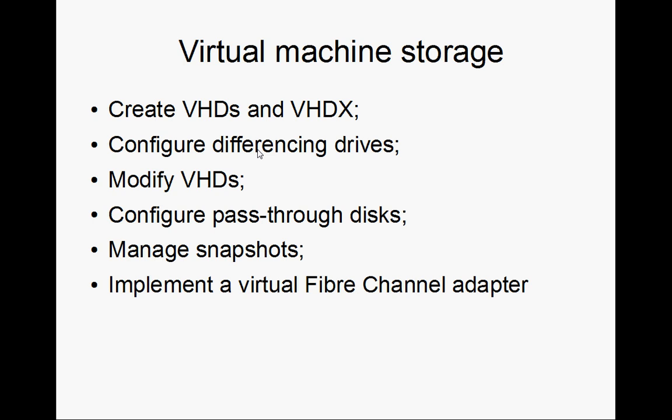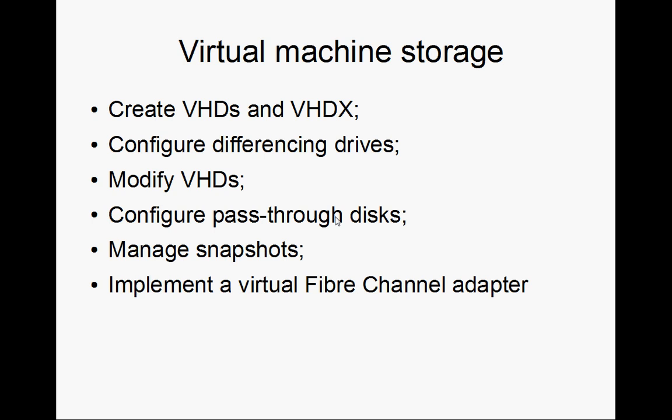Modifying virtual hard drives. Pass-through disks allow you to have direct access to physical disk drives from a virtual machine. Snapshots, and I'm going to skip the virtual fiber channel adapter because I'm assuming that you don't have the ability within your test lab. All right, let's talk about virtual machine storage.